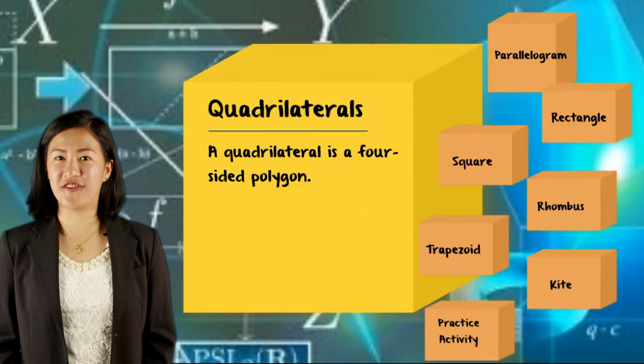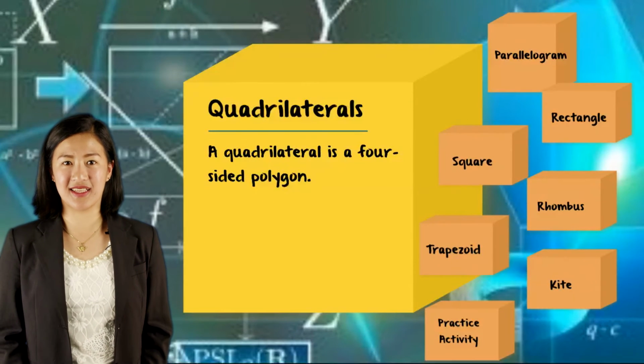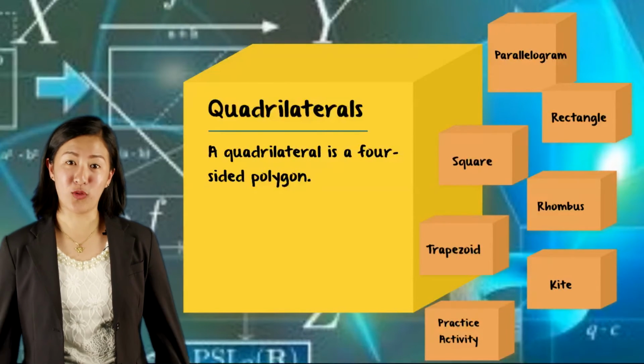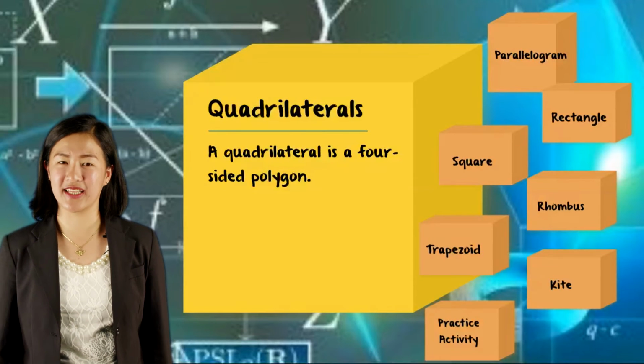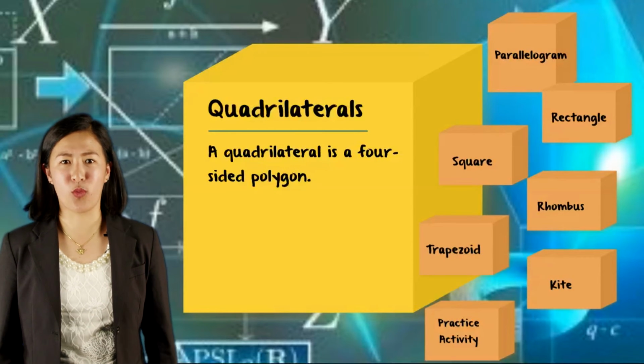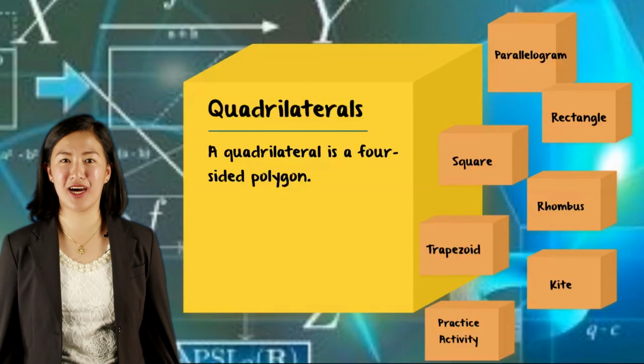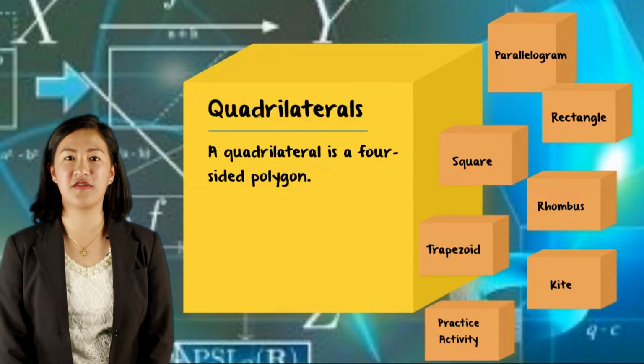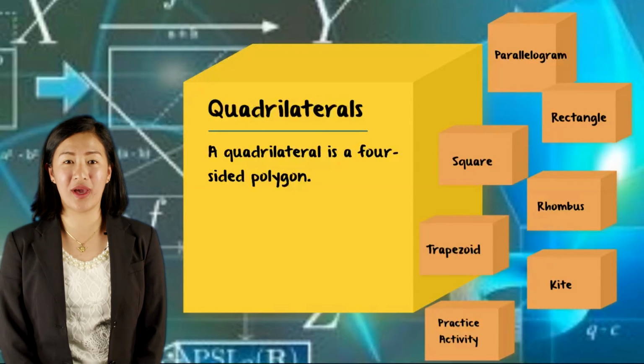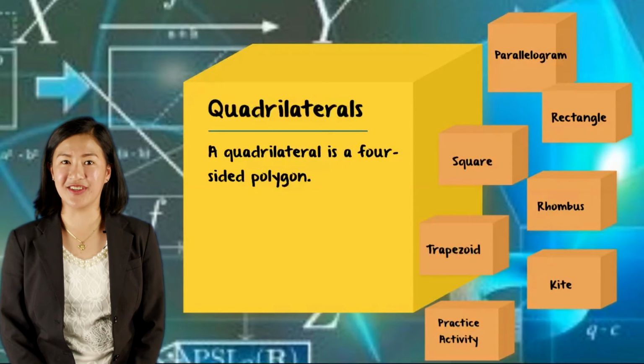Let us start by defining what a quadrilateral is. A quadrilateral is a 4-sided polygon. Most quadrilaterals are irregular in shape. The sum of the interior angles of a quadrilateral is always 360 degrees.